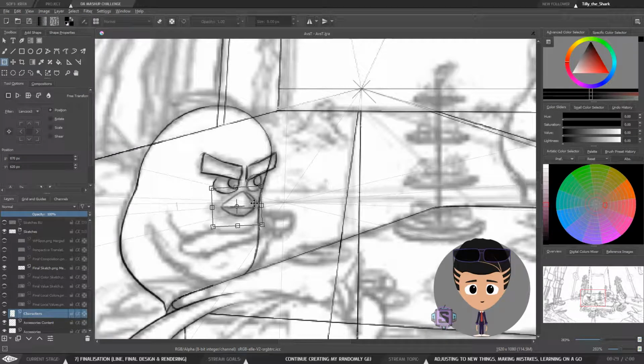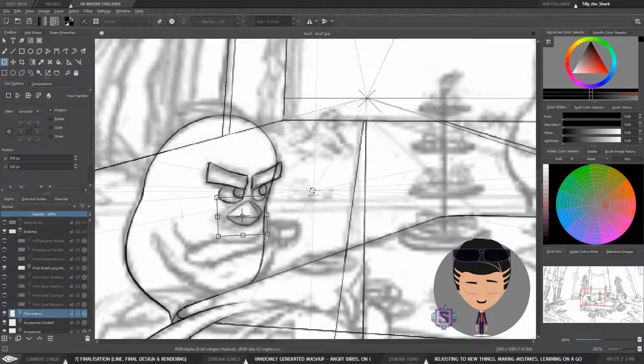So yeah, playing with proportions is definitely the thing that we need to do, because at this point we need to understand how proportions are going to affect our character, and they will.